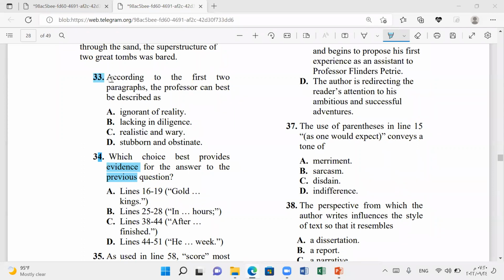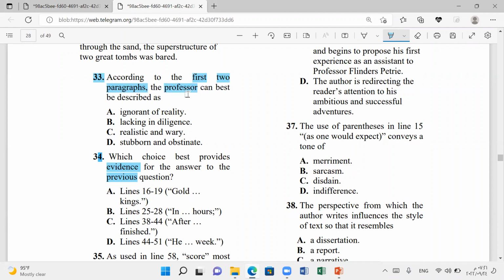So let me assign with you the main elements of the first question. According to the first two paragraphs. So the question is targeting what was mentioned in the first two paragraphs. That professor, okay, that professor.